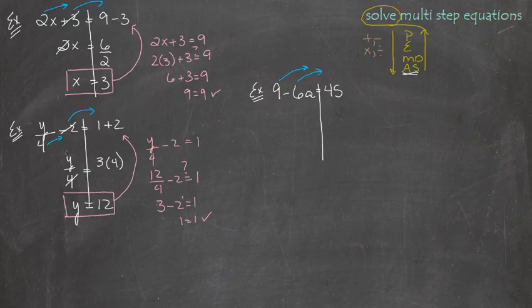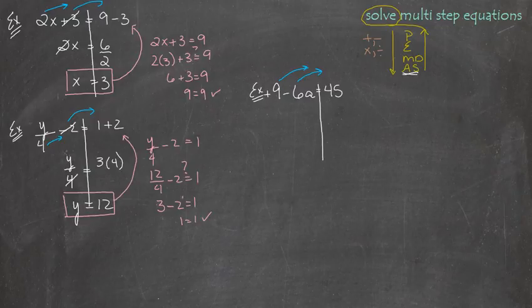You have to visualize that you're talking about proximity, not actually connected like with glue. So the 9 isn't close to the a, like this 3 was right next to the x, and this -2 was right next to the y. But it does mean that the thing that is separated from a by addition or subtraction is this 9.